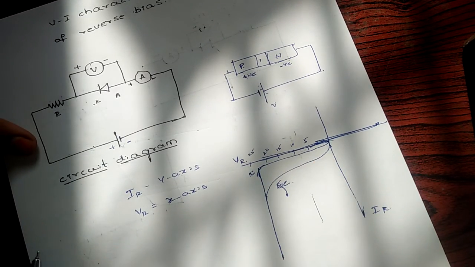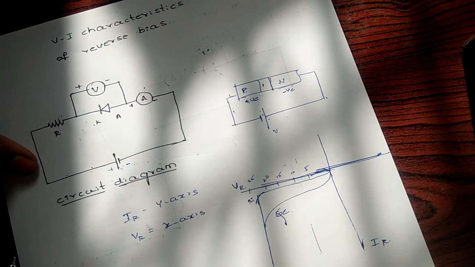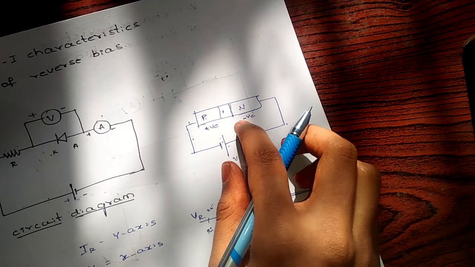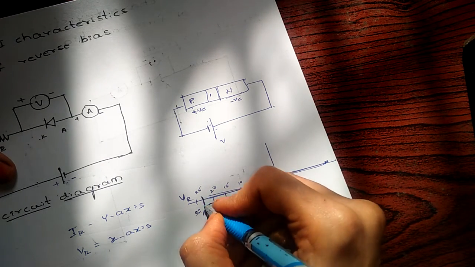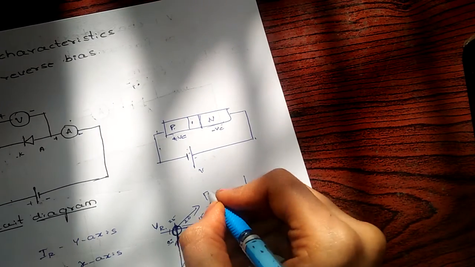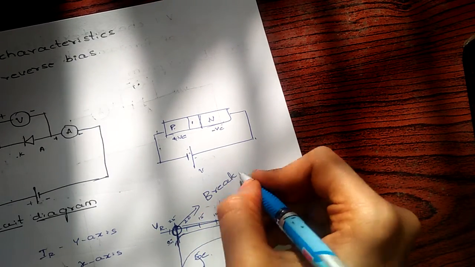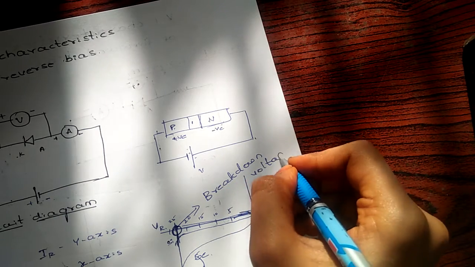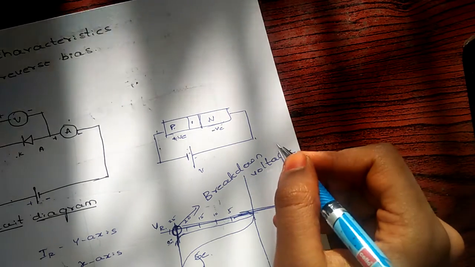Yes, this is about the VI characteristics of reverse bias. When we apply voltage, a little amount of current flows with minority charge carriers, and then it increases drastically after the breakdown. This is the breakdown region. This fixed voltage is called the breakdown voltage, or cutoff voltage, we can say.